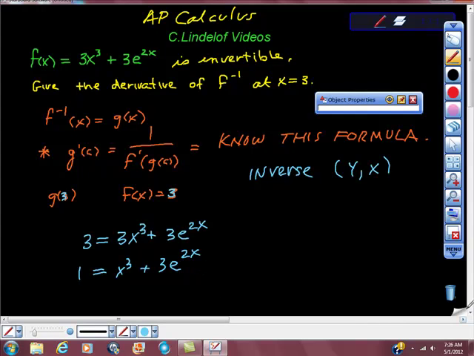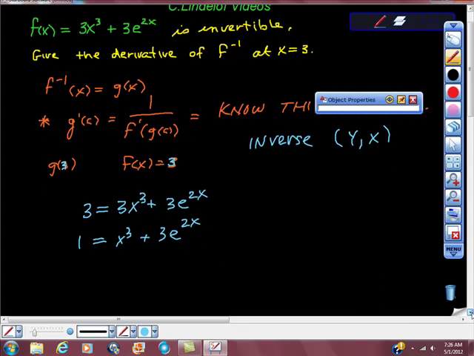Now this is kind of weird, and I have to admit I stumbled on it for a second. I had to think for a second about it. But if x is equal to 0, it makes this true, doesn't it? So we have 0 cubed plus e to the 2 times 0. 0 cubed is 0, but e to the 0 power is 1, isn't it?